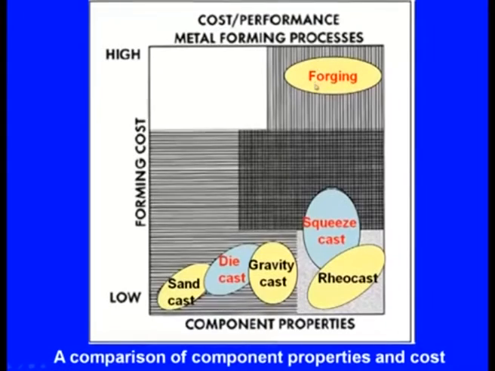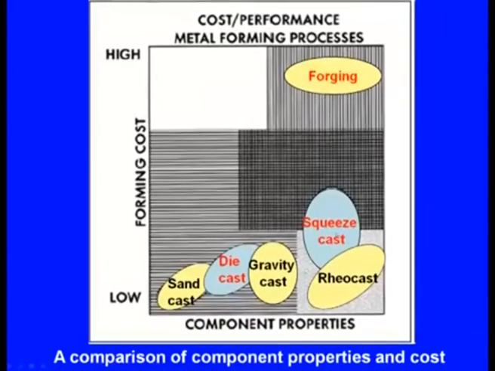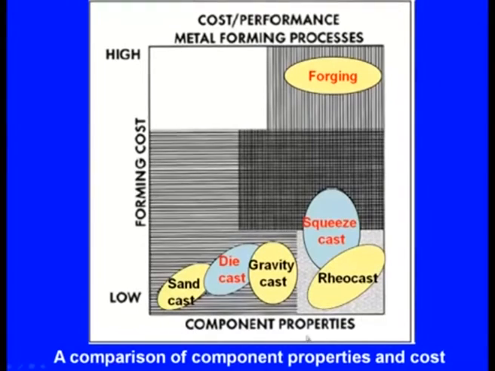Now, here we can see this is the forging. When we look at this forging, one thing we can notice, the properties are very good. The x axis indicates the component properties are very good, but what about the cost of production? The cost of production is also very high in the case of the forging.